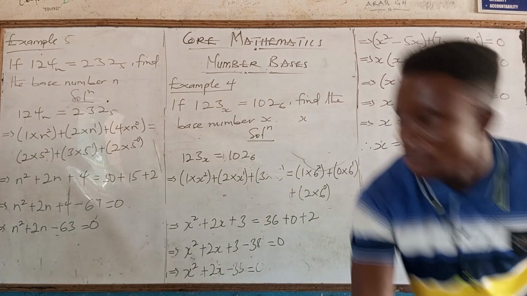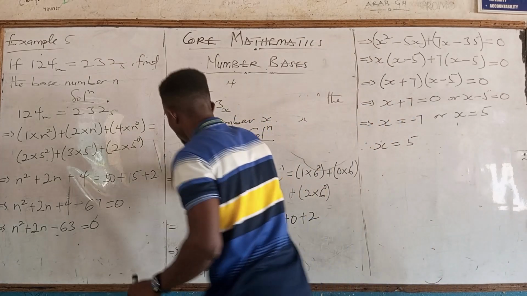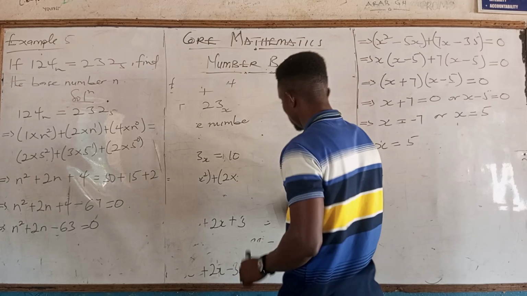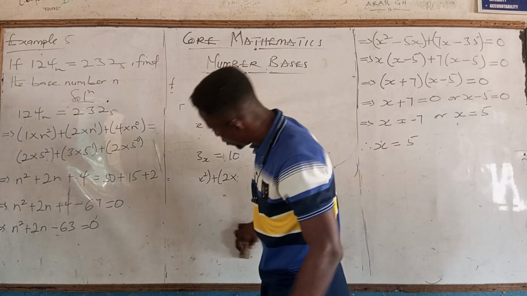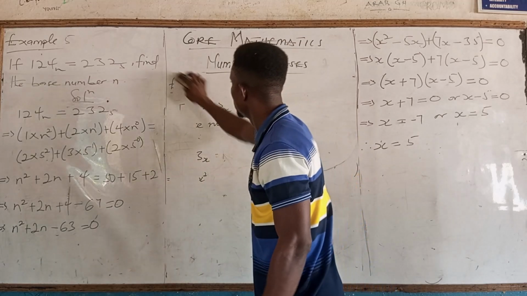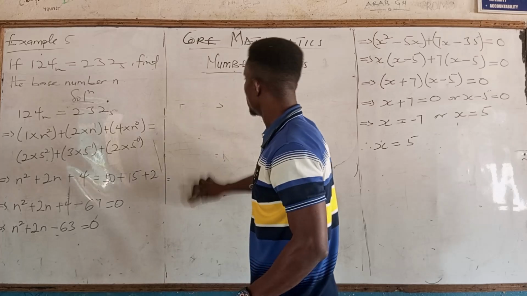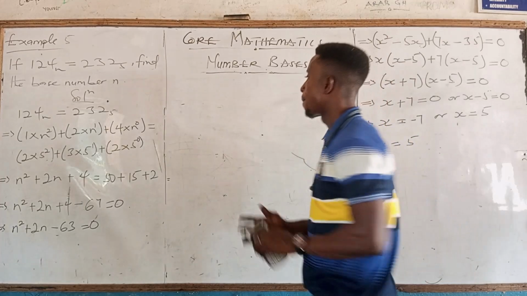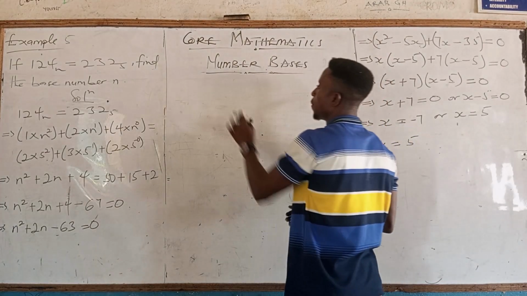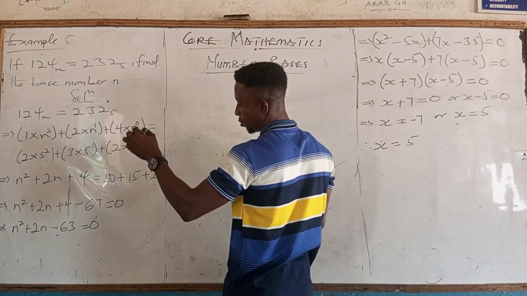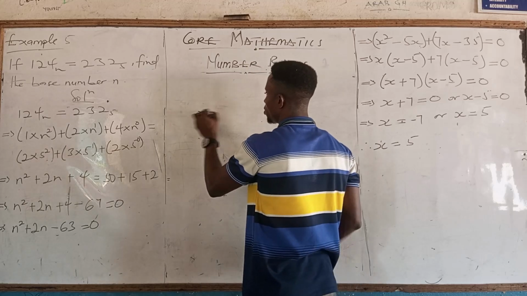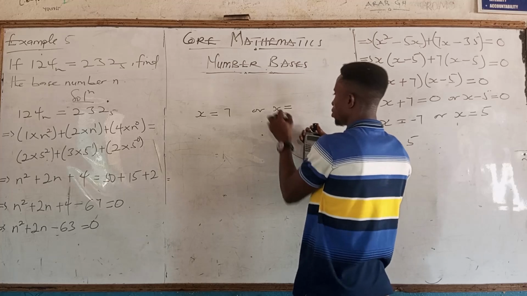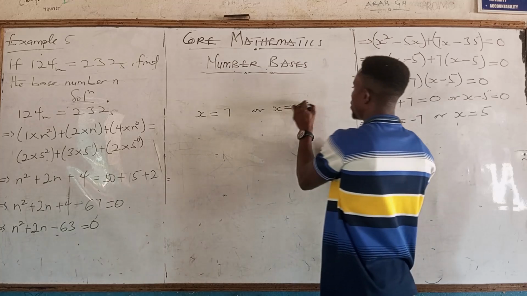Let me clean the board first. We now get x equal to 7 or x equal to negative 9.